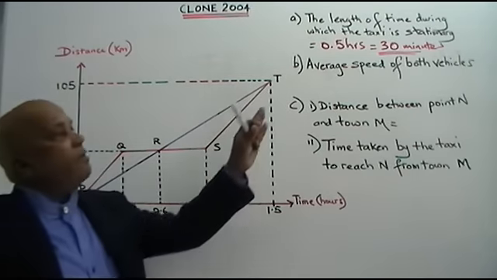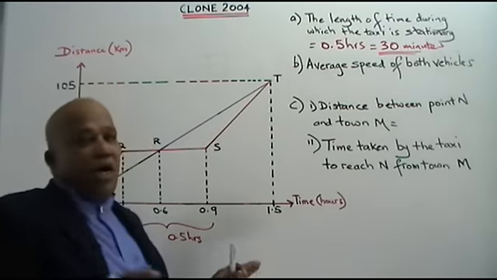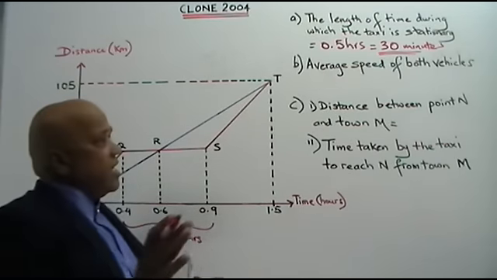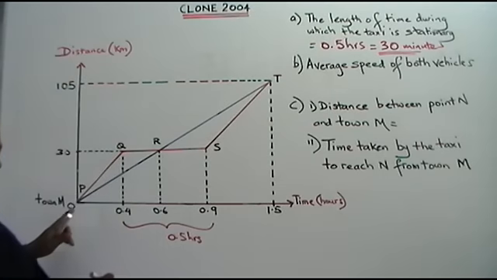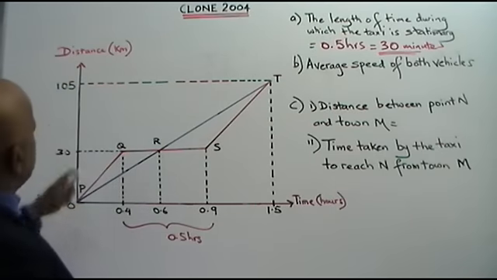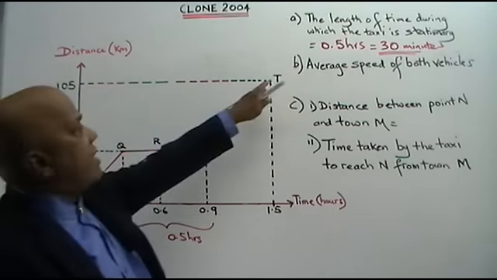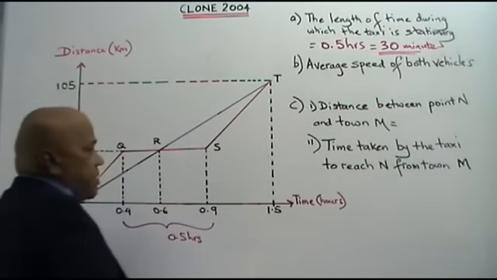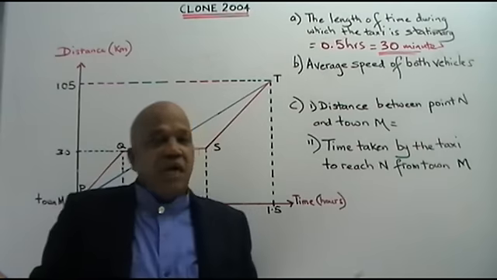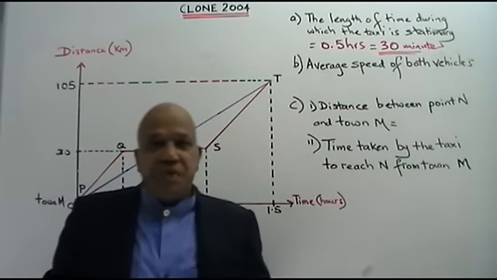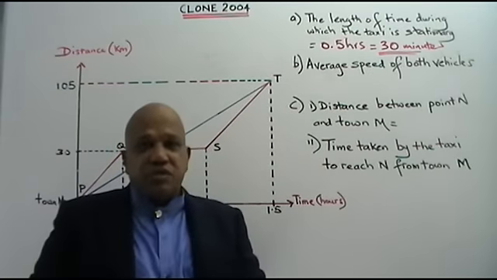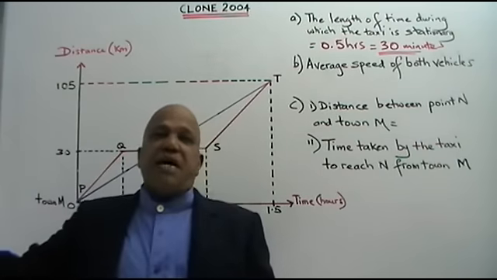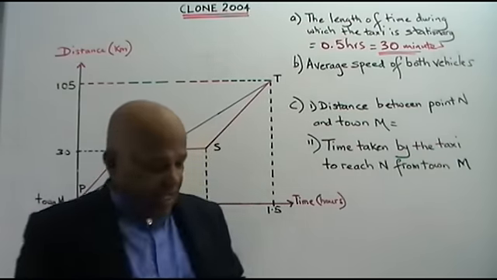Okay. Now part B, you are asked to calculate the average speed of both vehicles. Now if you look carefully, both vehicles started at the same time. They have covered 105 kilometers and the time taken is 1.5 hours. Now what is the formula for average speed? Average speed is equal to total distance traveled divided by total time taken.